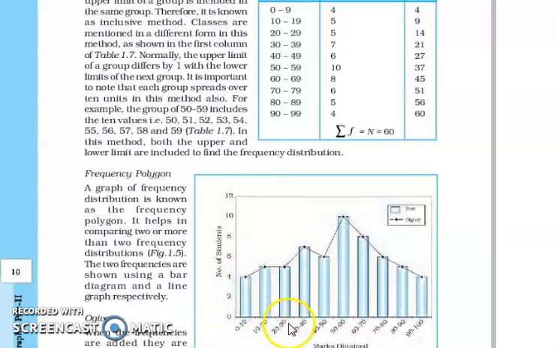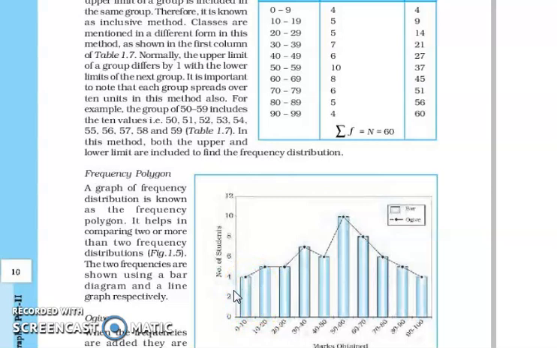Between 10 to 20, suppose 5 students. 20 to 30, 6 students or 5 students. 30 to 40, maybe 7 students or 6 students. So by seeing the diagram we can easily understand the particular concept and compare things. I can easily compare how many students got marks between 50 to 60 and how many students got marks between 0 to 10. So that is the work of the frequency polygon.